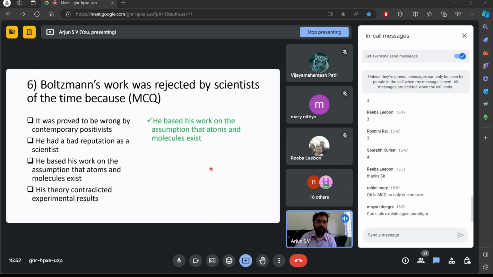It's an MCQ, so only one option can be correct, and option three is the most sensible one. Option one is a more repetitive form of the question itself, so I don't think it can be correct.